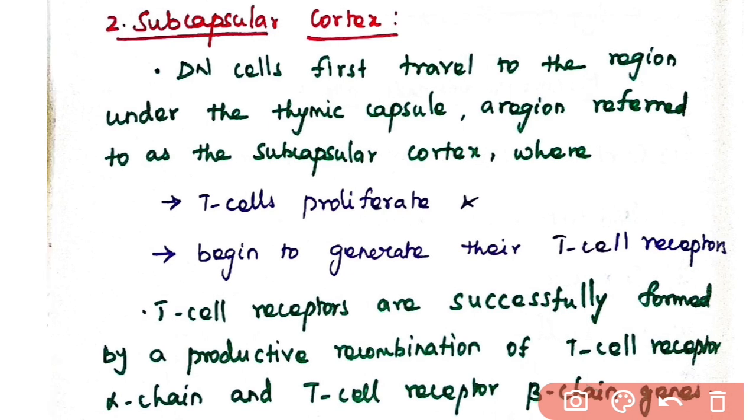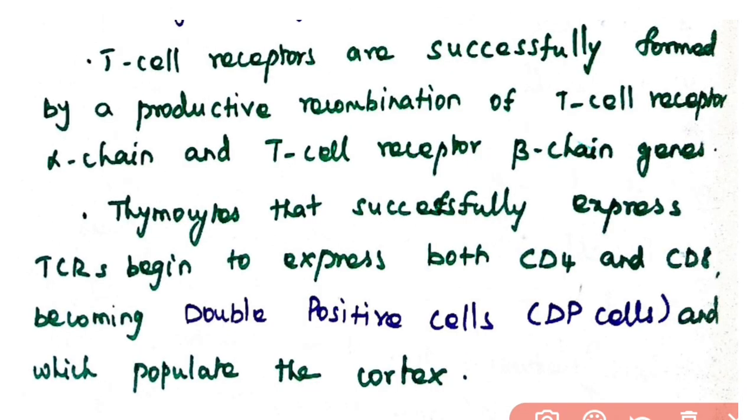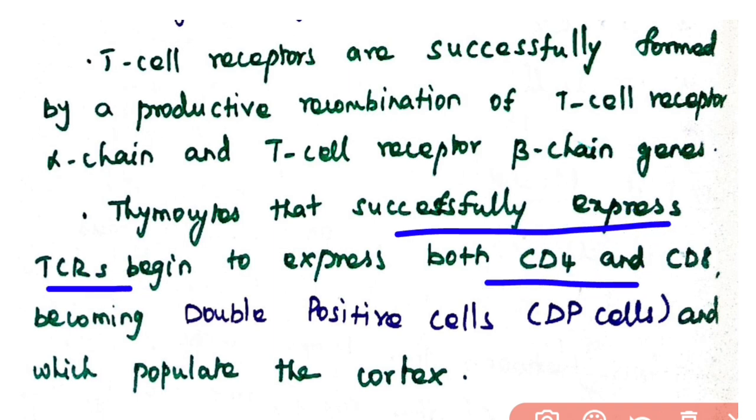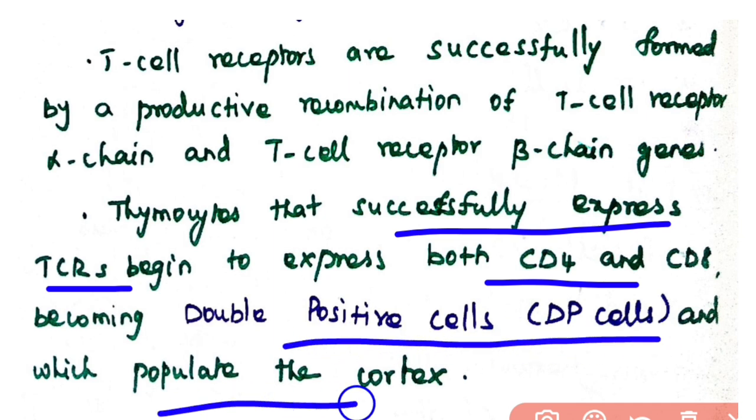In the subcapsular cortex there will be T cell proliferation, and there will be a generation of T cell receptor. Then the cells which successfully express T cell receptors begin to express both CD4 and CD8. Then they become double positive cells, which move to the cortex and populate the cortex.